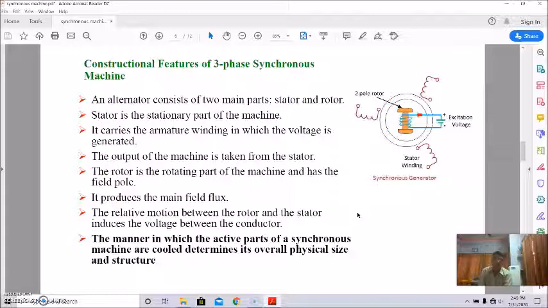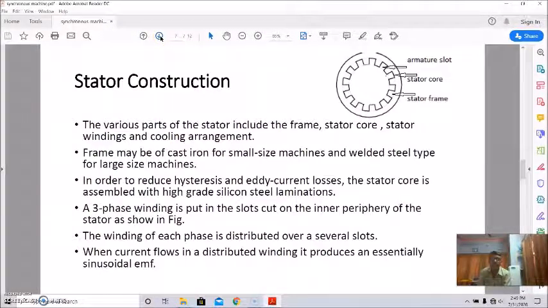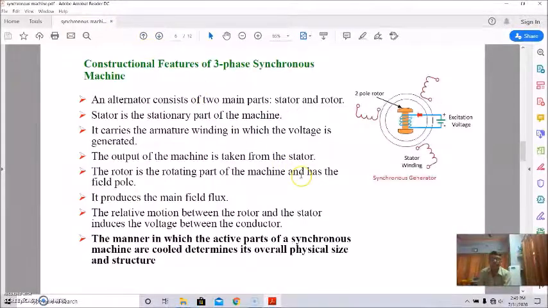The manner in which the active parts of the synchronous machines are cooled determines its overall physical size and structure. So basically, the constructional features carry two main things: one is the stator, another is the rotor.